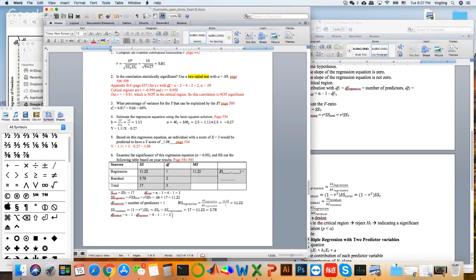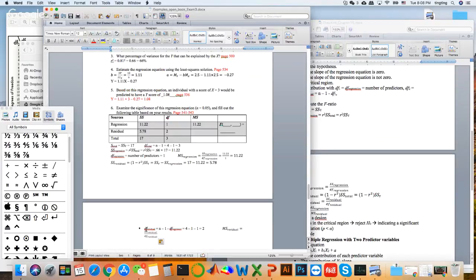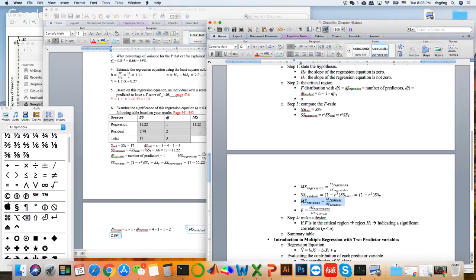So it's MS. Compute the MS equals to this one divided by this one. Finally, we can compute the F ratio.